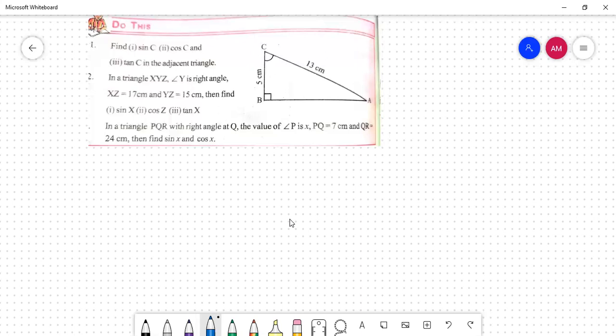What is sin x? Opposite side to x by hypotenuse. Very good. What is cos x? Adjacent side to angle x by hypotenuse. Very good. So all of you try this third problem. In the next class, we will discuss the remaining problems.